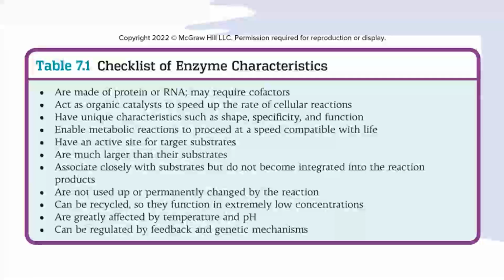They'll act as catalysts to speed up the rate of a cellular reaction. They can't make a reaction that is unfavorable suddenly happen. All they can do is just expedite a reaction that was already going to occur, but would have been much slower. They have very specific, unique shape, specificity, and function.